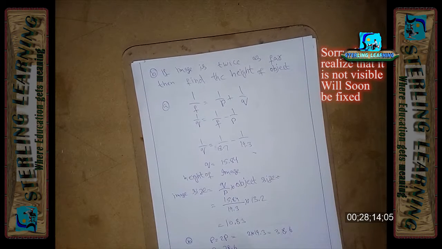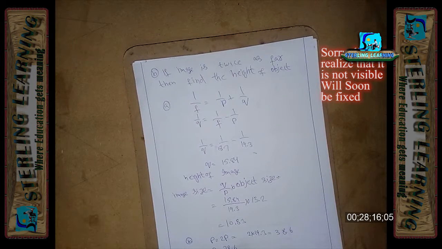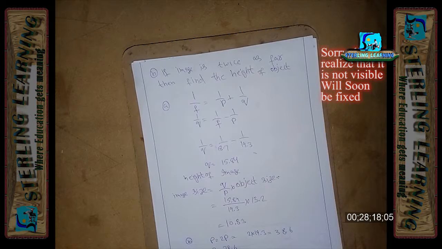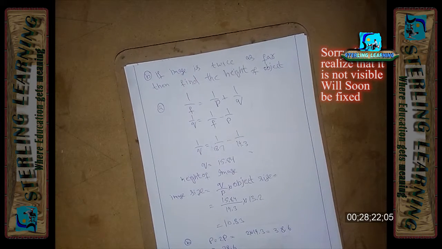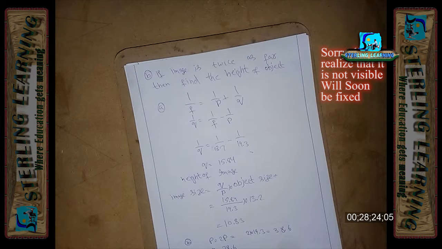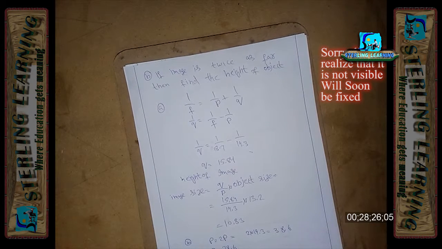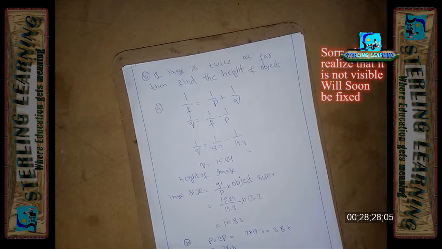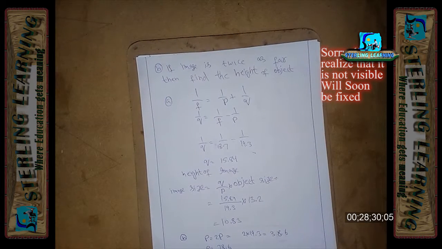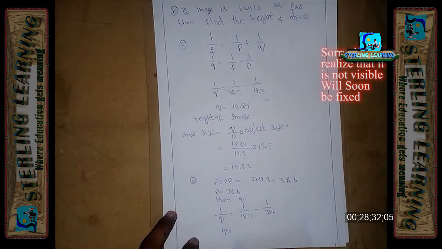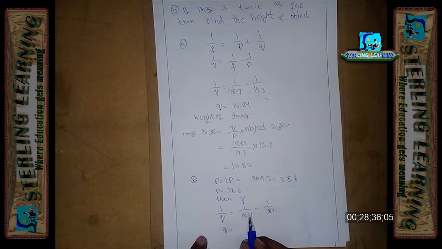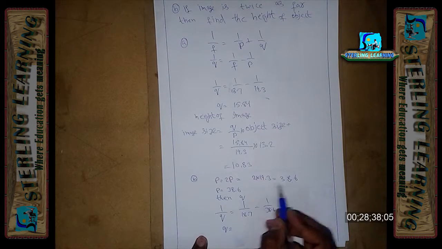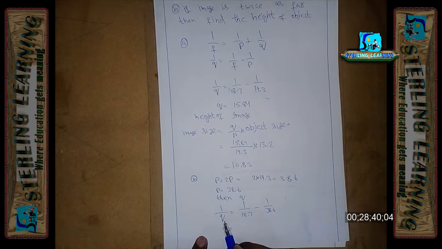Then again calculating q, 1 over q is equal to f is same, 1 over 8.7 minus 1 over 38.6, and q comes out to be, here p becomes 2p and then q becomes this.